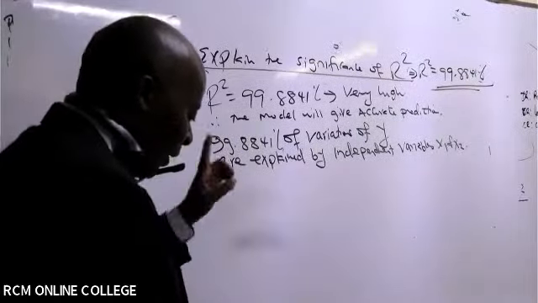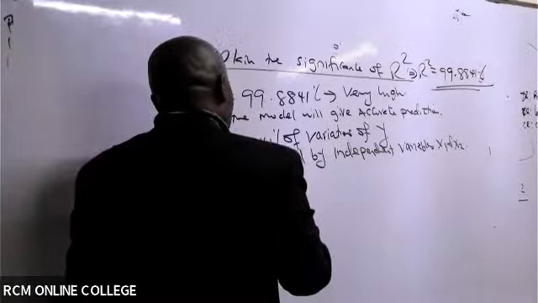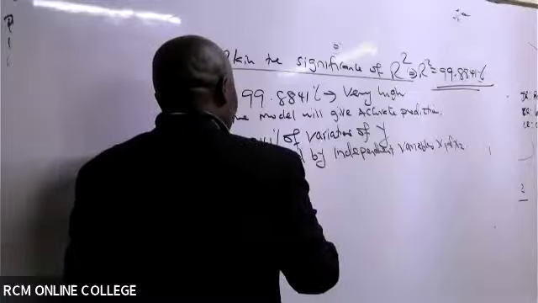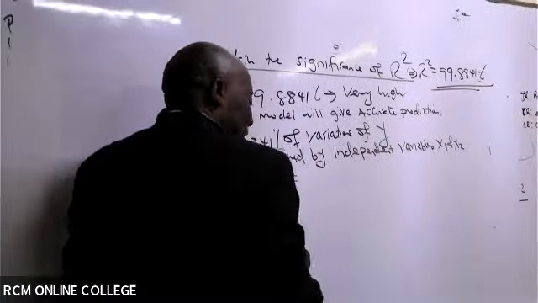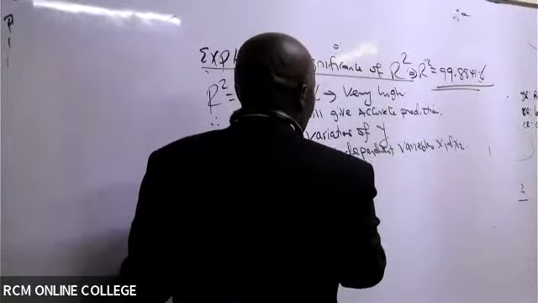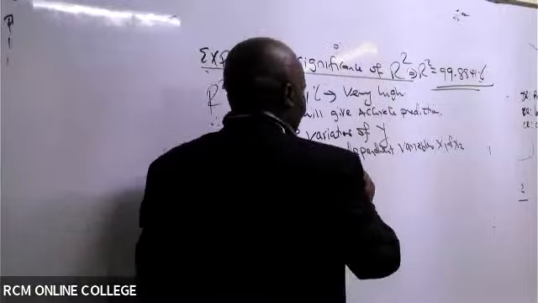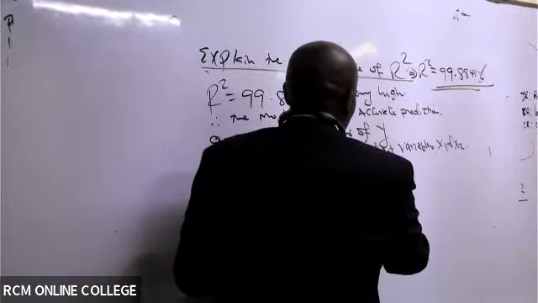Please listen. Is there somebody who can give me the factors that affect demand of any product? For example, we have the price. Any other factor? Income levels of people, taste and preferences.